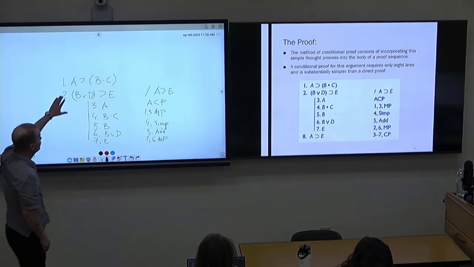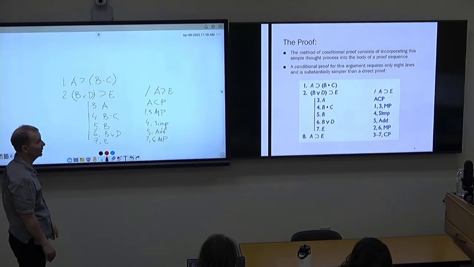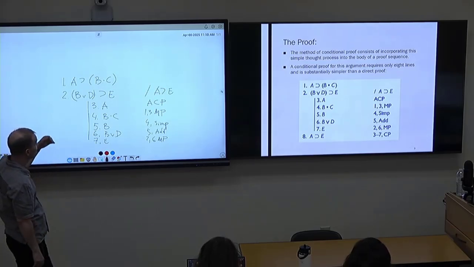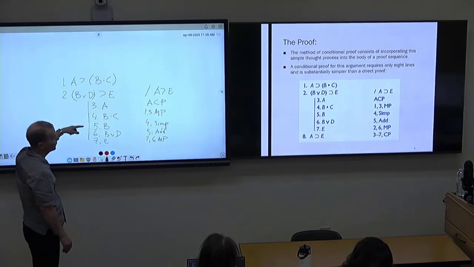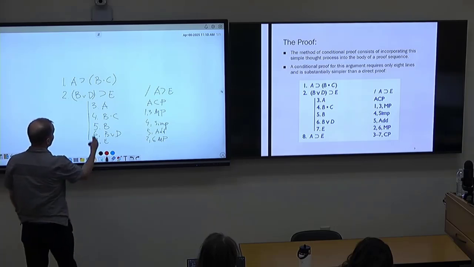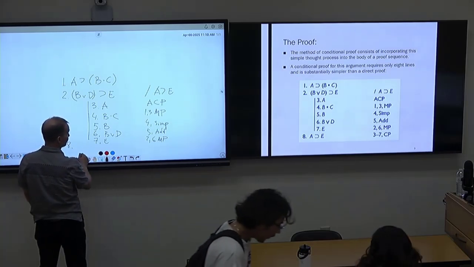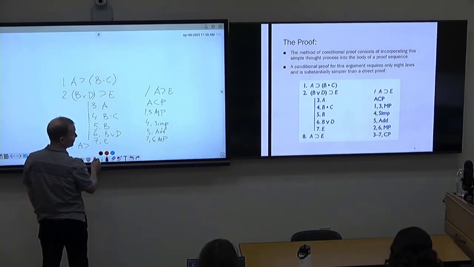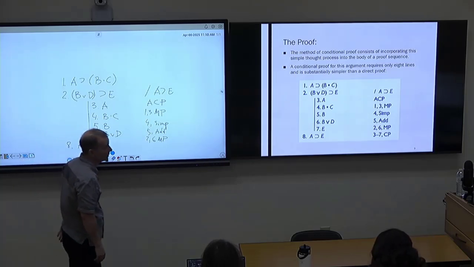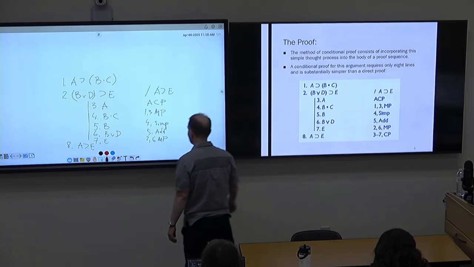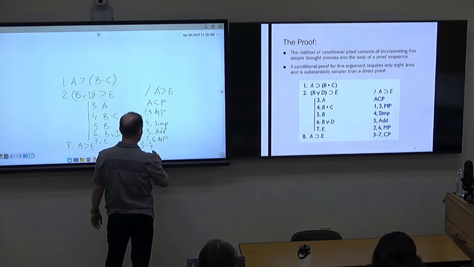Now that showed you that based on your 2 premises, assuming A does actually lead you to E. And since A does lead you to E, you can now conclude that this is indeed the valid conclusion. We don't know if it's true, but assuming it is true, that would lead to a valid conclusion. And on this line, you're writing that from 3 to 7, you did conditional proof.